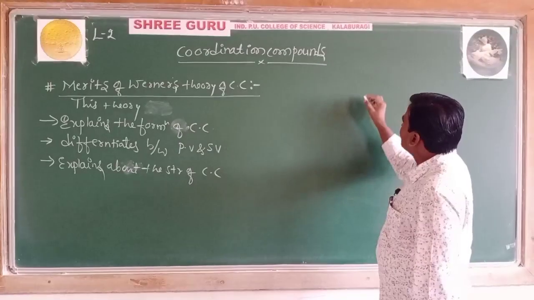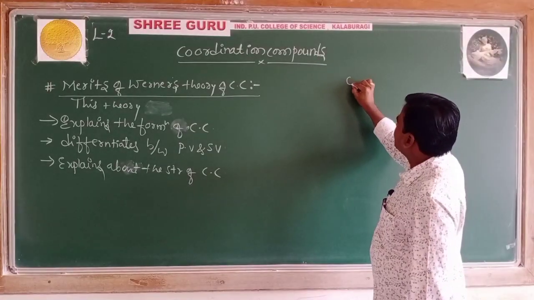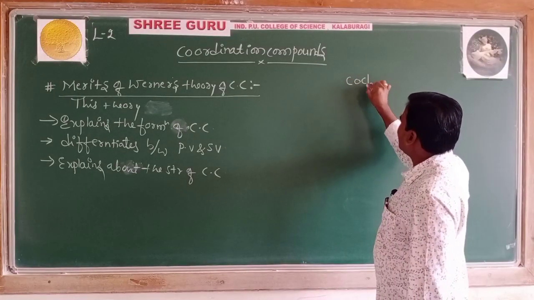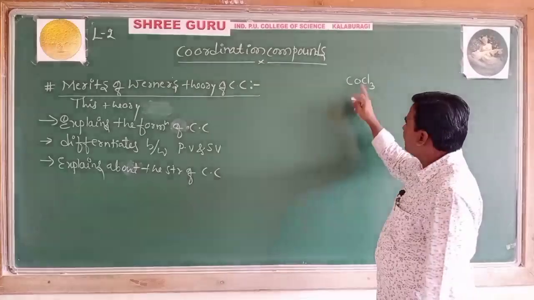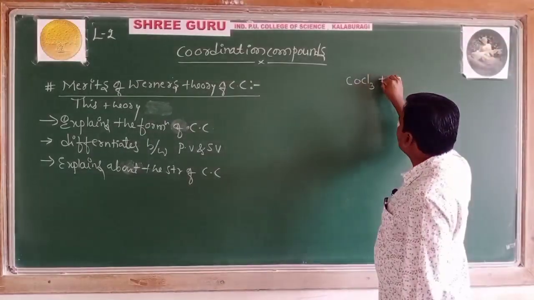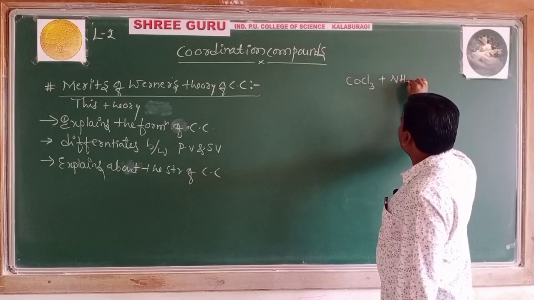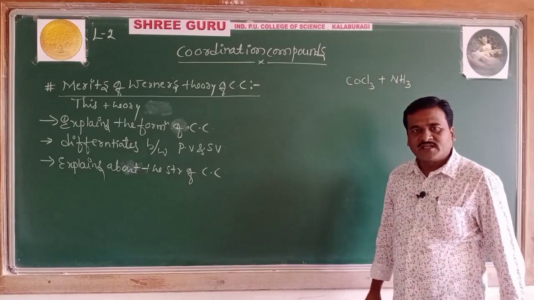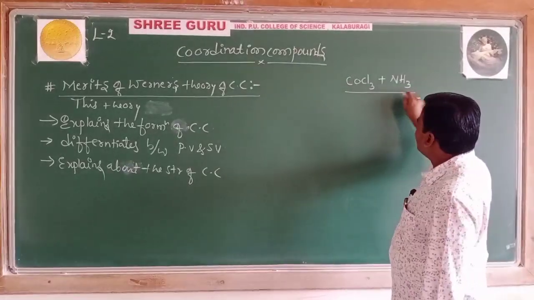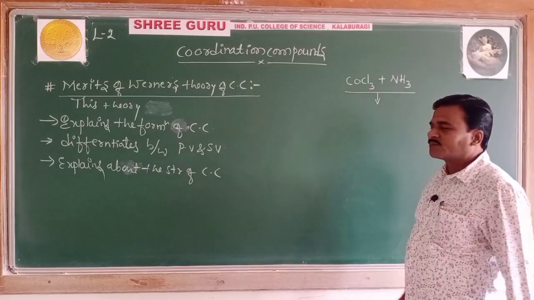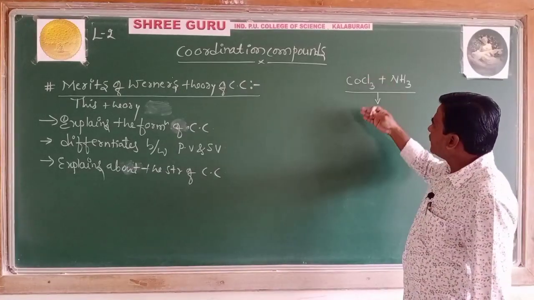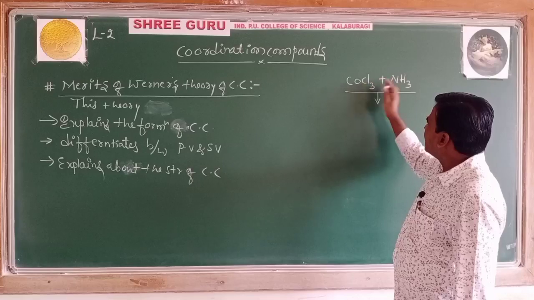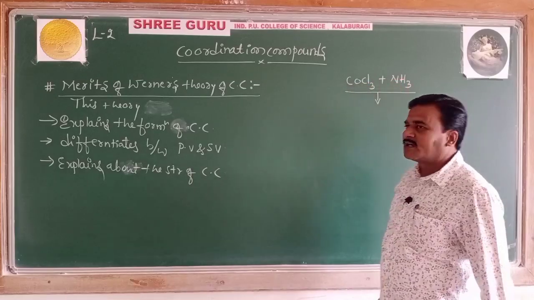Well, students, Werner prepared a series of compounds by taking cobalt 3 chloride with a large excess of ammonia. What are the compounds he obtained by the reaction between cobalt 3 chloride and ammonia?